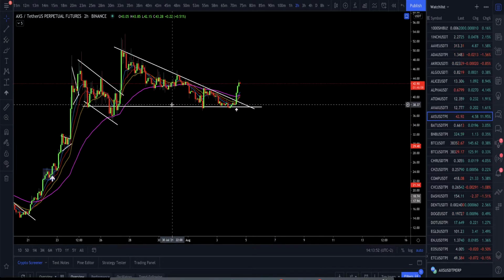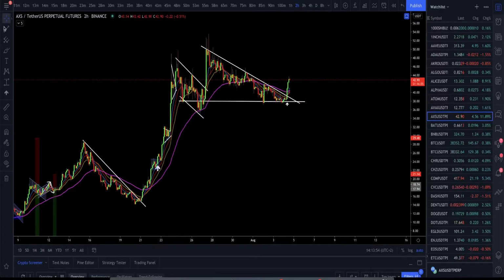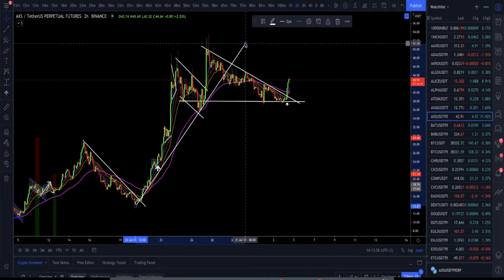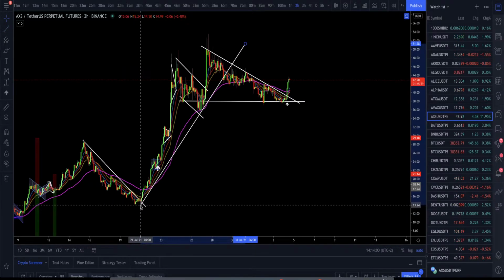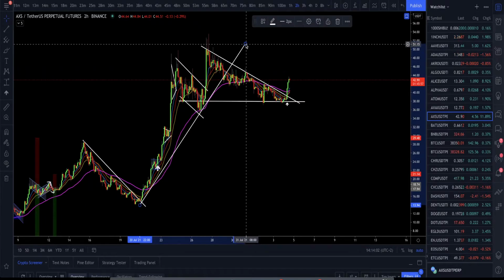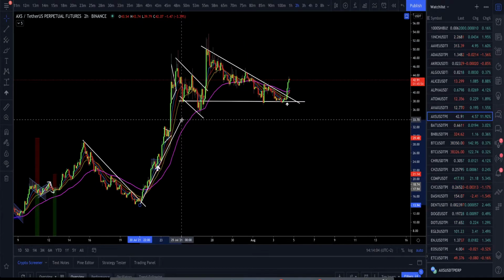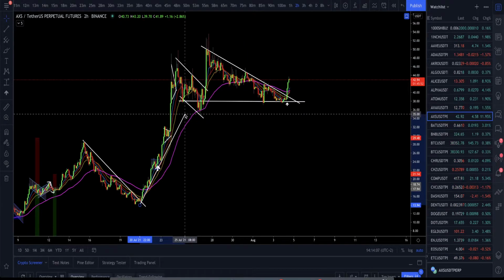So yeah, how do you use trend lines? Make sure you always draw the trend line with at least two touches in it, right? This is really a parabolic trend here, right?